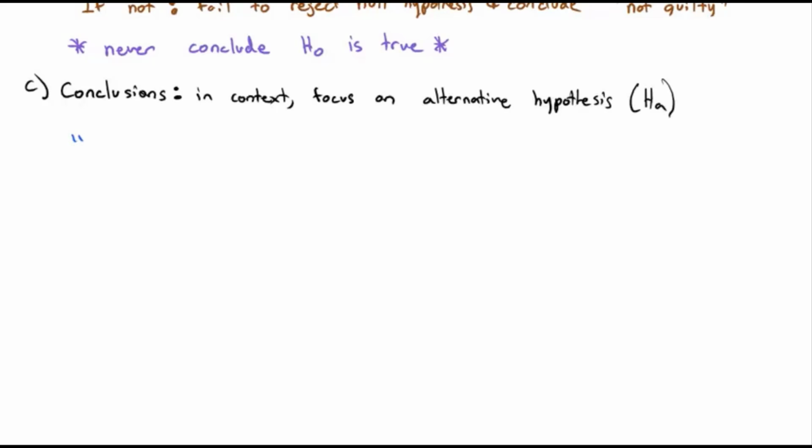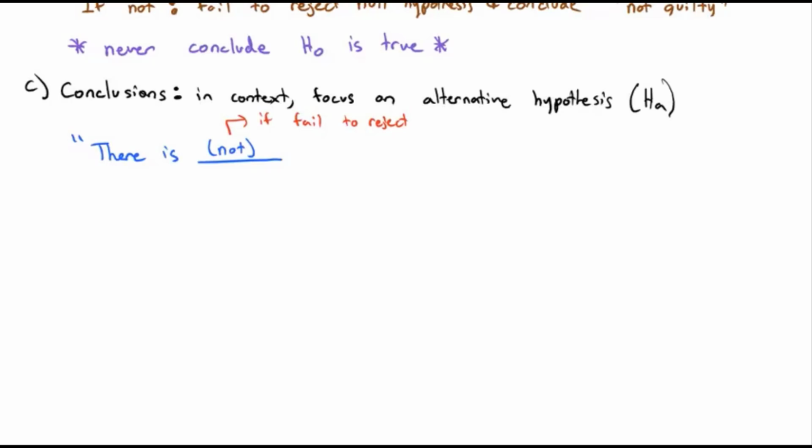And so a nice script we can follow is we will say there is, or there is not, depending on the context. We will say not if we fail to reject, because we did not get the alternative hypothesis like we wanted.